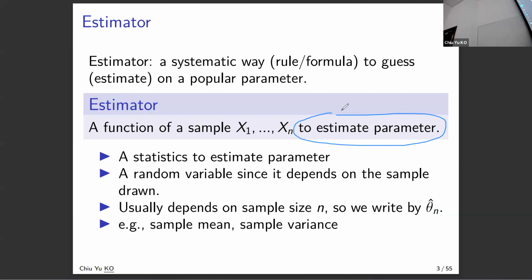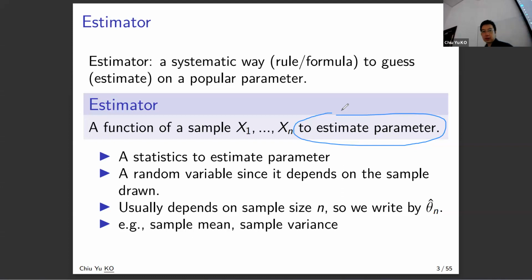But now we have a function of the sample that estimates a parameter. So whenever you want to estimate something, the function is called an estimator. Remember, an estimator is a function, so it's the way to estimate. And of course, by construction, this is a random variable, because it depends on the sample you got. The value varies from sample to sample.